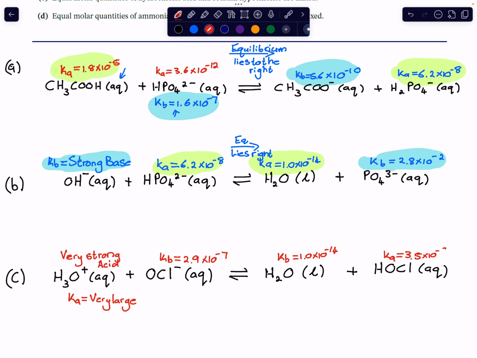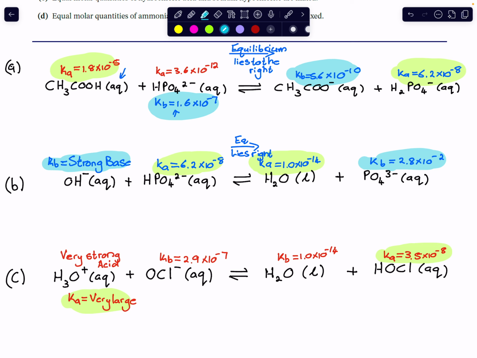Comparing here, the Ka of hydrochloric acid and the Ka of the conjugate acid that forms, we notice that hydrochloric acid's Ka is much larger.